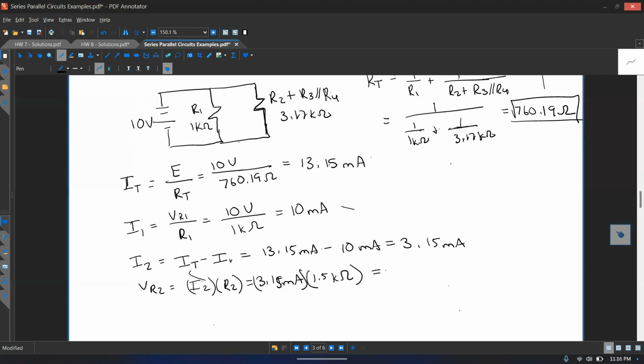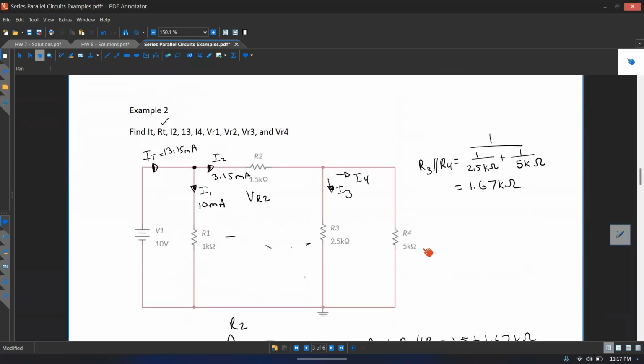So that equals 4.73 volts. So this is 4.73 volts.